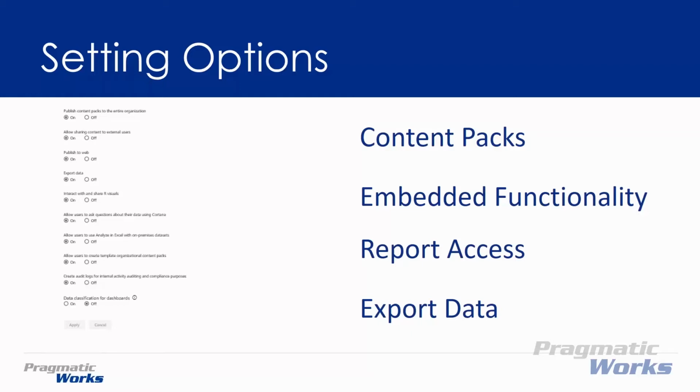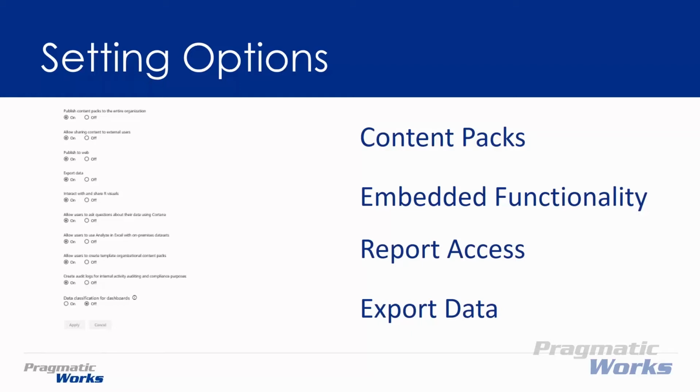And there are a number of organizations that do not wish all of their data to be distributed to the web. For one reason, there are costs involved when that occurs. And the other thing is that they don't want their proprietary data to be spread on the web. So if you do not wish to let people do this, make sure that this is turned off.